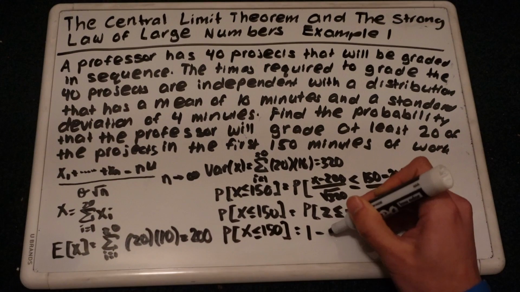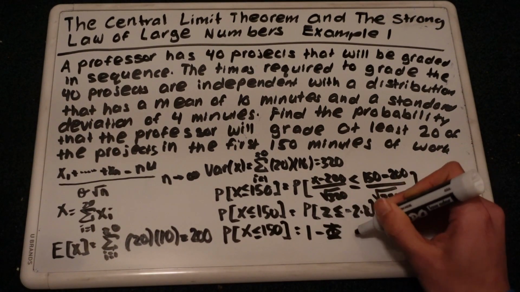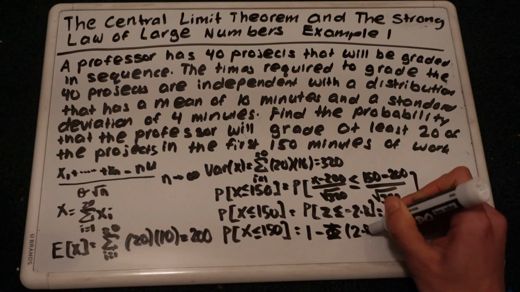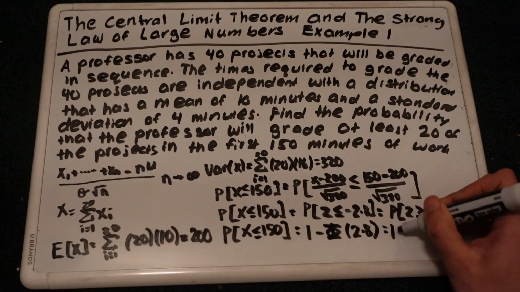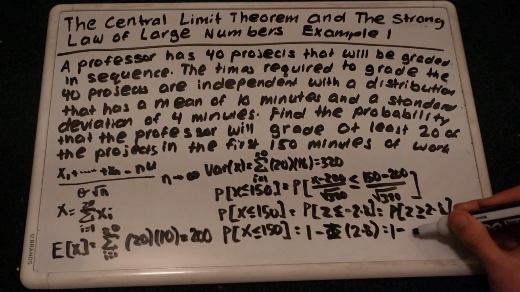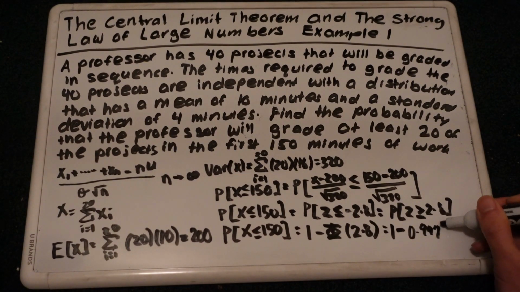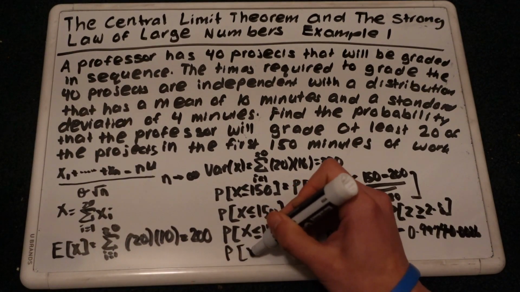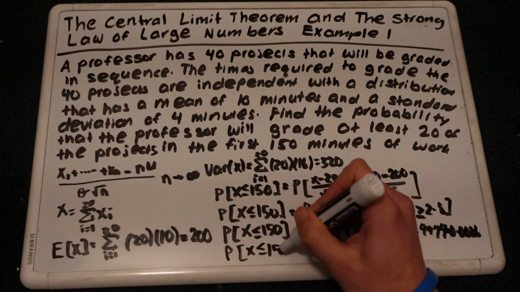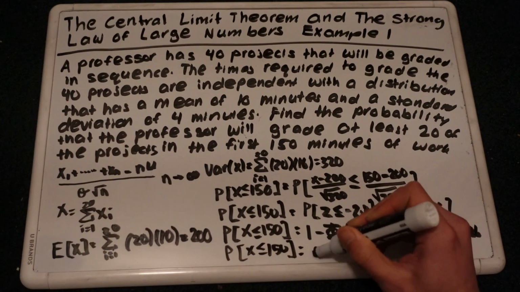So this would be 1 minus this, using the z-score. And using the z-score, I would look up 2.8, so that would be 0.9974, and that is just 0.0026.